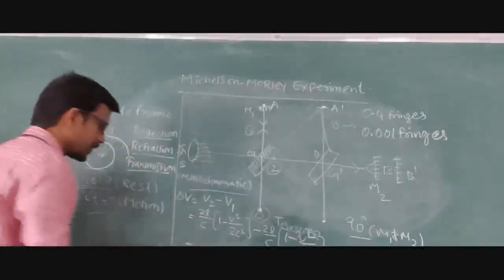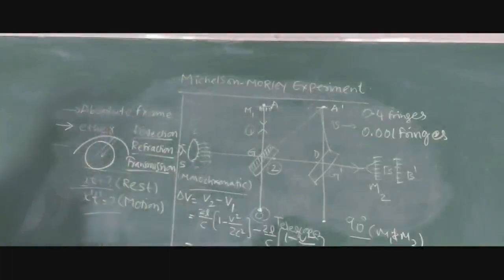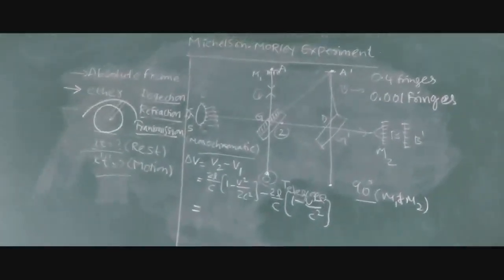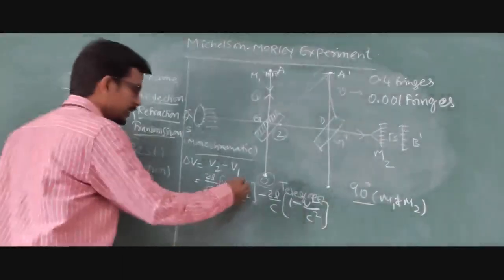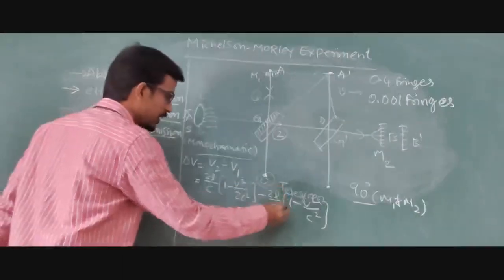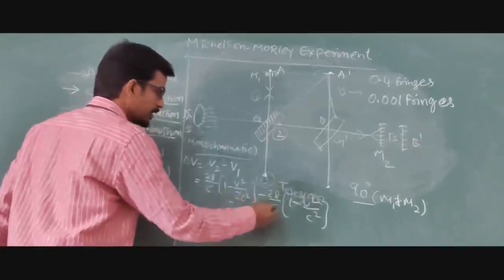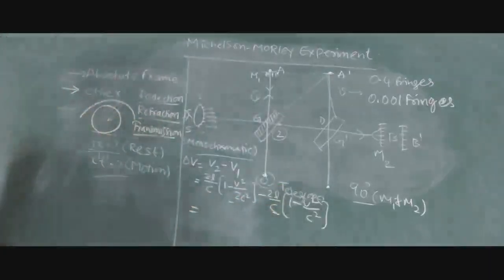I hope you are able to watch this. I will try to write again: 2L by c, 1 minus b square by 2c square, minus 2L by c. One is the rest position, the other is the motion position.